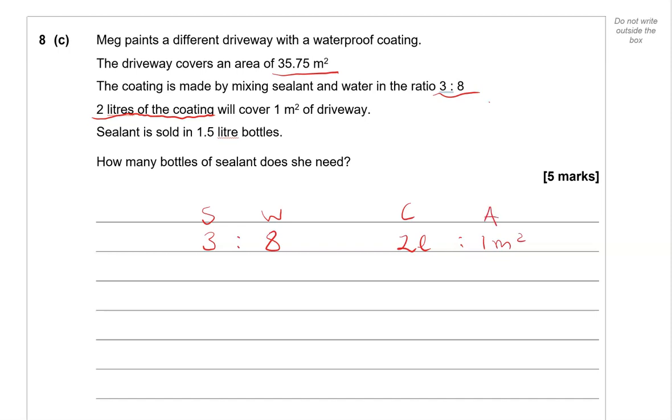The area that it covers. What about 35.75 square meters? So we're going to multiply 2 by 35.75, which gives us 71.5 liters.